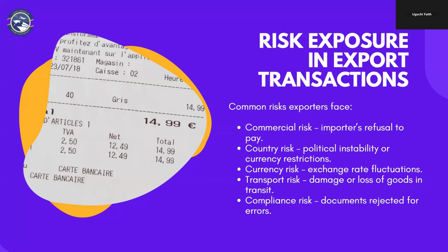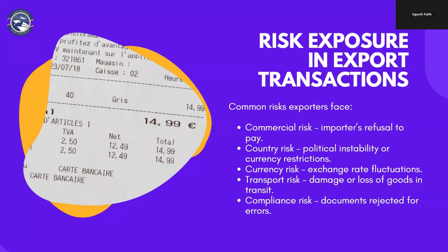Then country risk is political instability or currency restrictions. Yes, political instability is something that can really affect export transactions. War, natural disasters, and all these things. It really does. Then we have currency risk. Currency risk is exchange rate fluctuations.